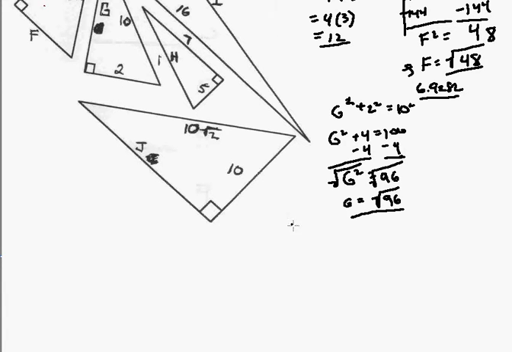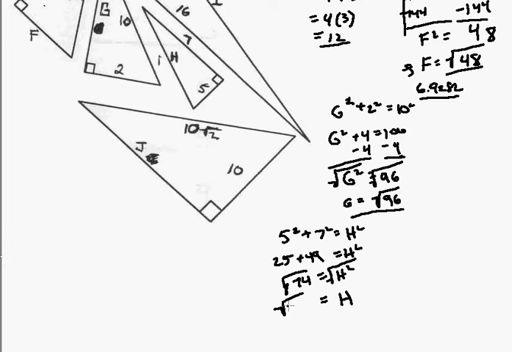So we would go 5 squared plus 7 squared equals h squared. 25 plus 49 is equal to h squared. 74 is equal to h squared. So the way to get rid of a square is to square root it. What you do to one side of the equation, you do to the other. This turns to h equals the square root of 74. Done.